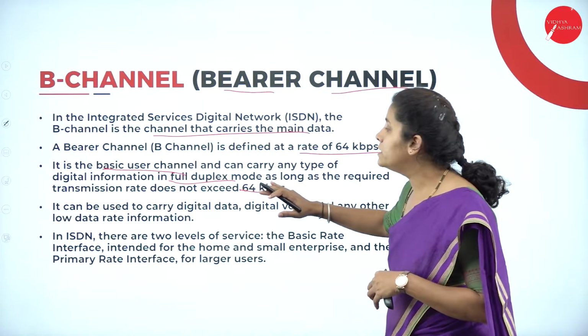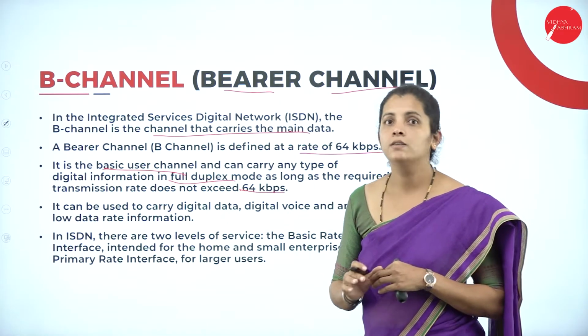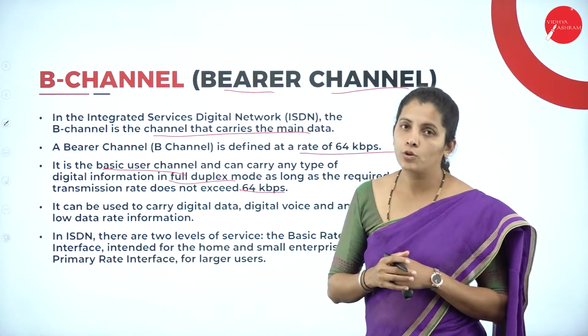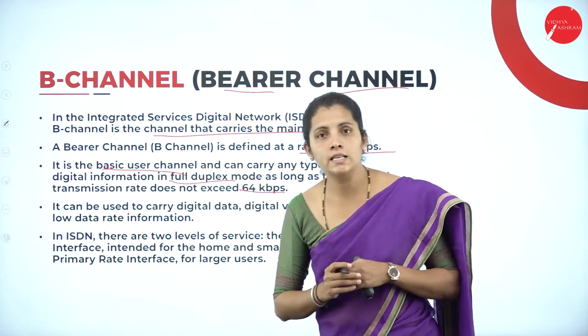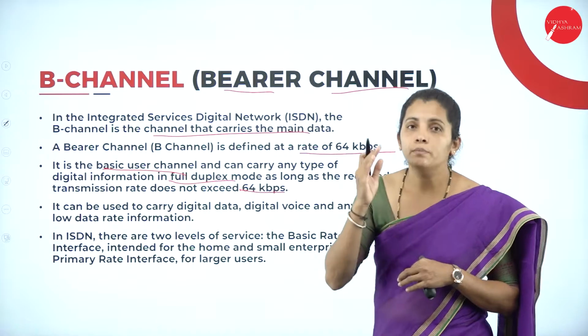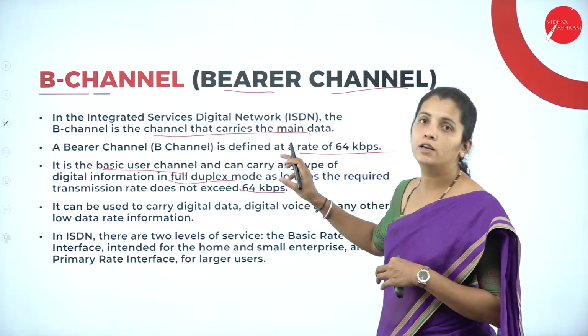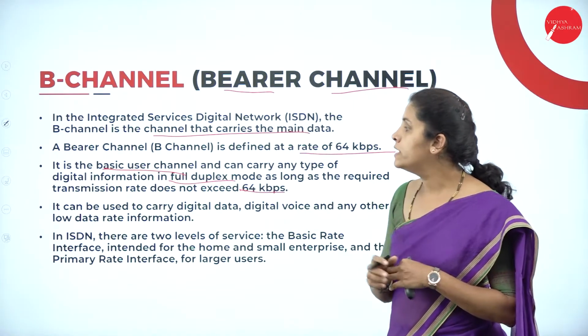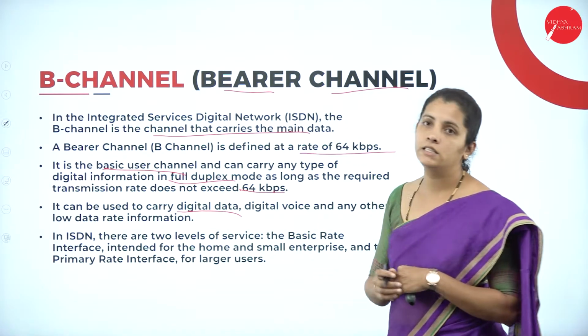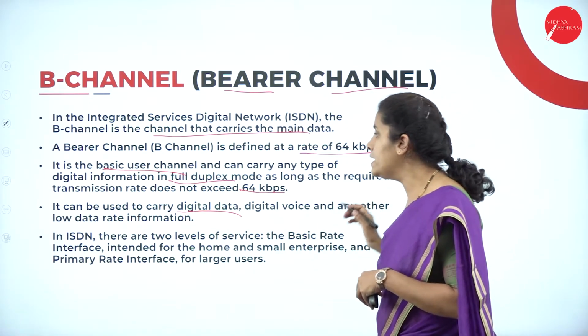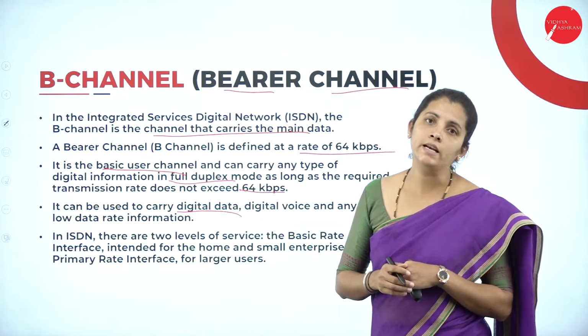If the user wants to send more than that, it is not possible. So whatever data you transfer must be within 64 kilobits per second. It is mainly used to carry digital data, digital voice, and any other low data rate information.